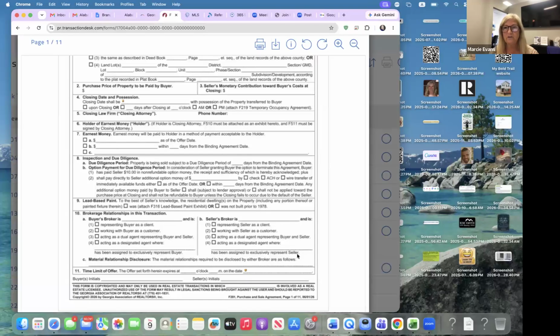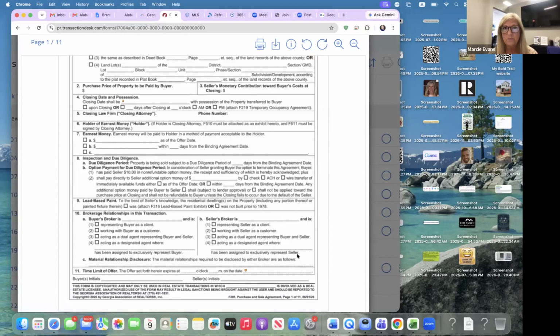His purchase and sale agreement, when he makes that offer, would say buyer's broker is Maximum One Community Realtors acting as a designated agent where Mark Allen has been assigned to exclusively represent the buyer, and seller's broker is Maximum One Community Realtors and is acting as a designated agent where Chelsea Dodson has been assigned to exclusively represent the seller. I know it's a little tiny thing, but it is a compliance issue, and I think we forget that there is something called designated agency. That is what designated agency is.